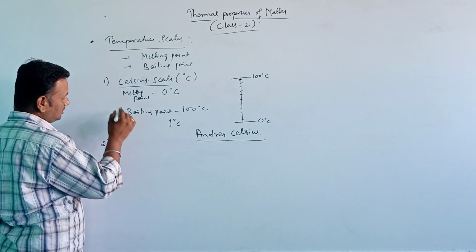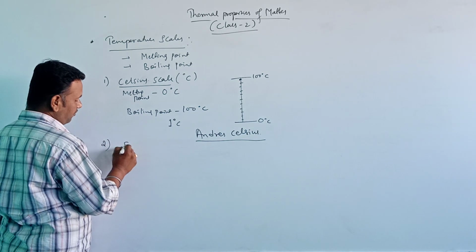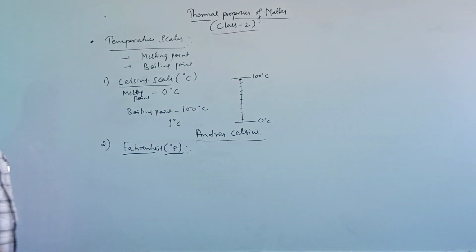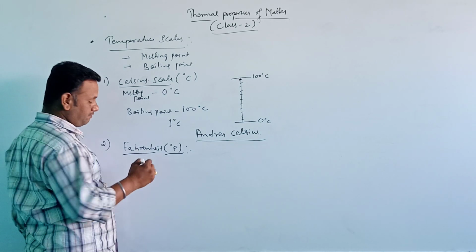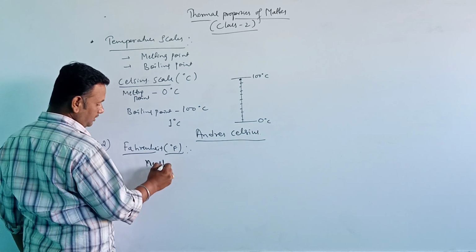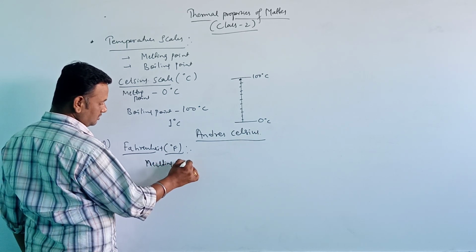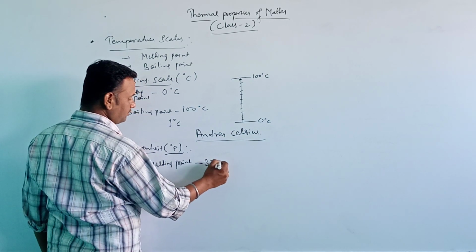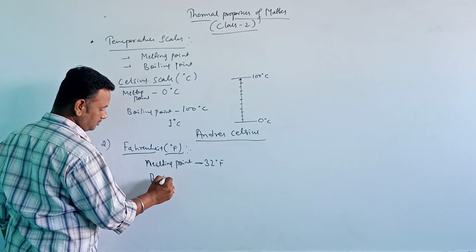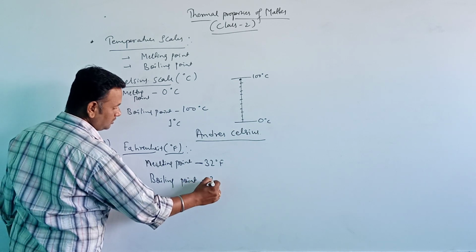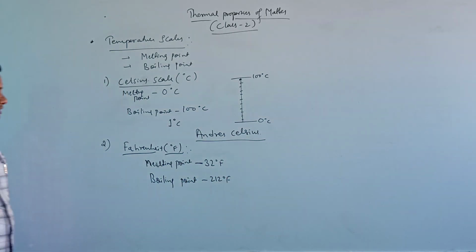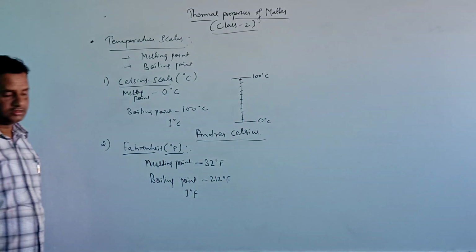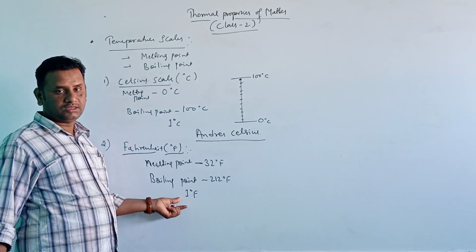Now the next is the Fahrenheit scale. In this scale, the melting point of pure ice is 32 degrees Fahrenheit, and the boiling point is 212 degrees Fahrenheit. Here each division, or each part, is 1 degree Fahrenheit.